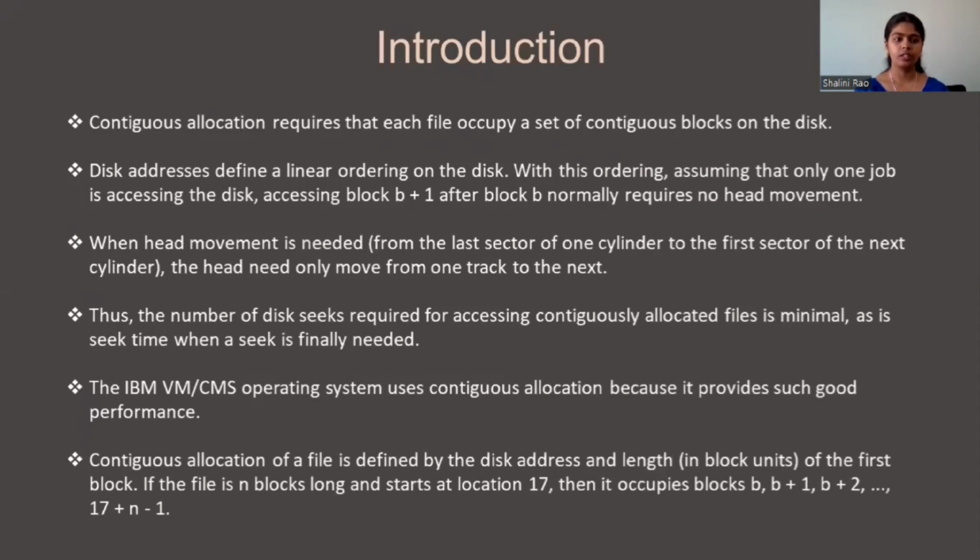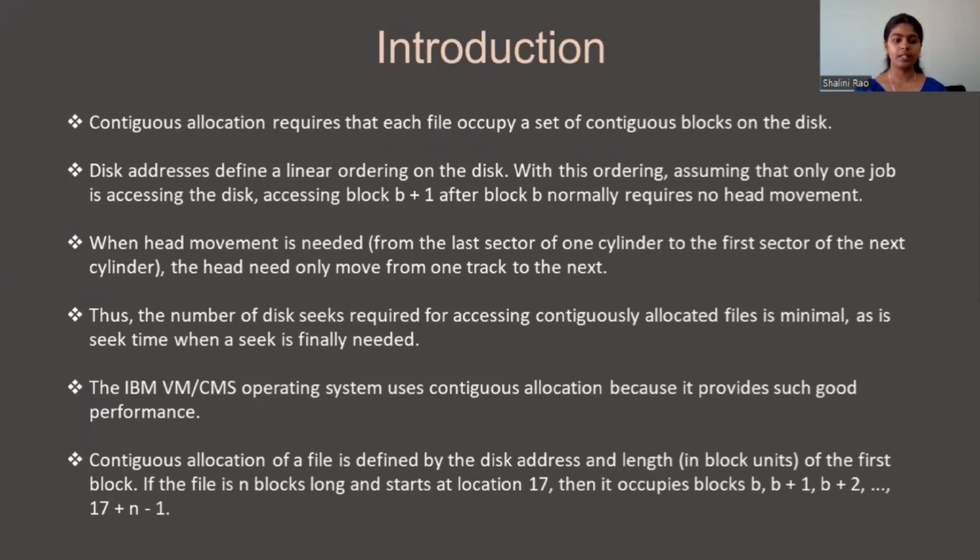Starting with the introduction, contiguous allocation requires that each file occupy a set of contiguous blocks on the disk. Disk addresses define a linear ordering on the disk. With this ordering, assuming that only one job is accessing the disk, accessing block B plus 1 after block B normally requires no head movement.